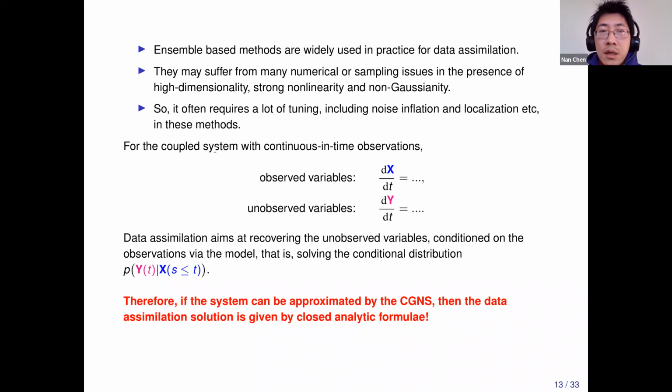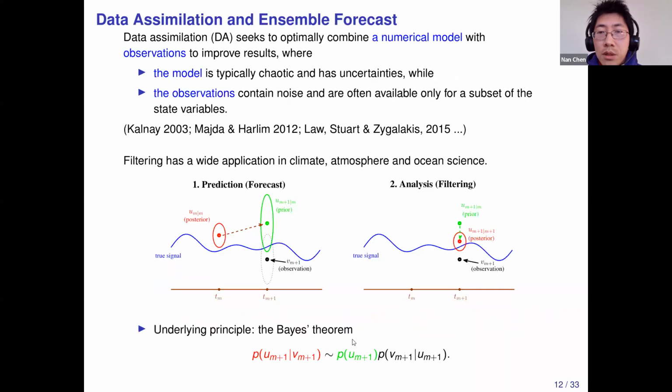And so for a coupled system with continuous-in-time observations, usually we write the system into this form. If we have the observations of X, and we want to recover the unobserved state Y, we plug this into the previous Bayesian framework.